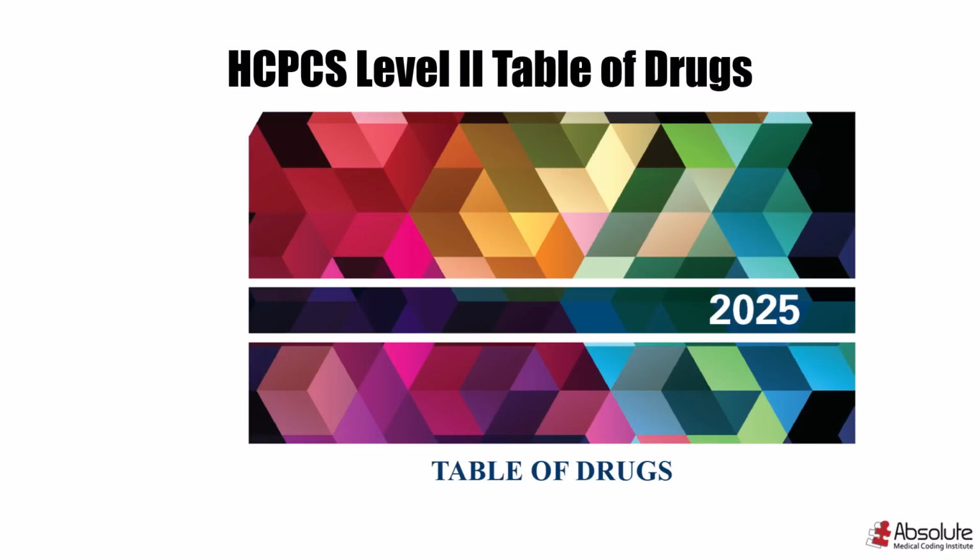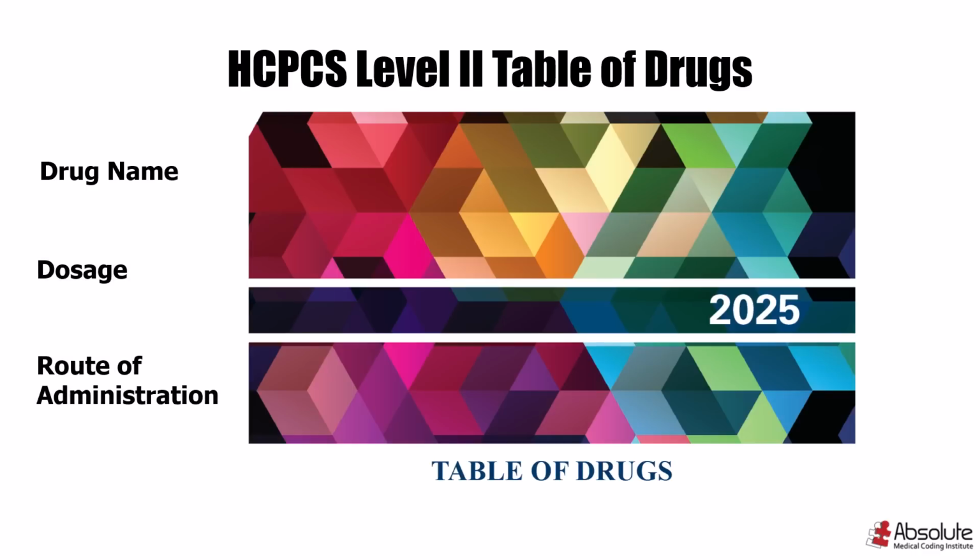When a provider provides an injectable drug, not administers that drug, but provides it, you will need to use a HCPCS Level II injection code. These codes are selected based upon the drug, the dosage, and the route of administration.